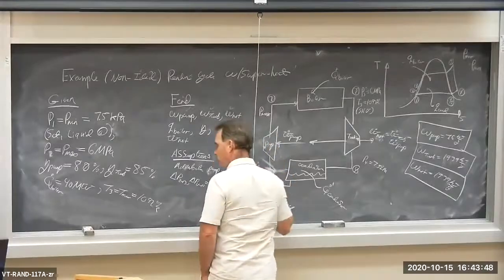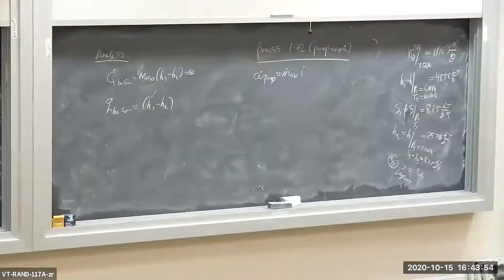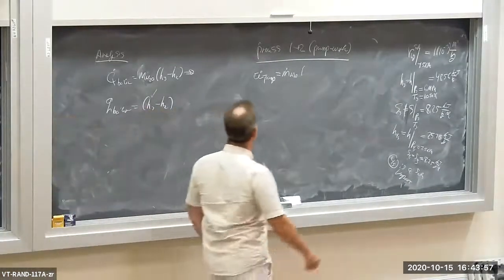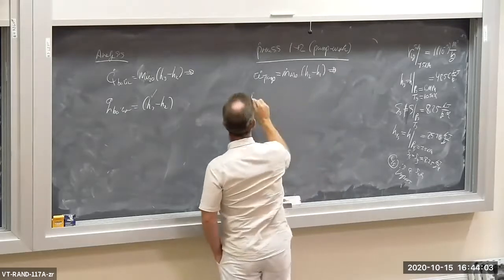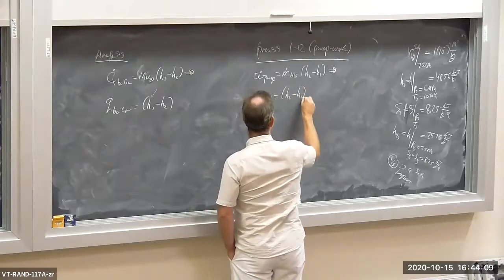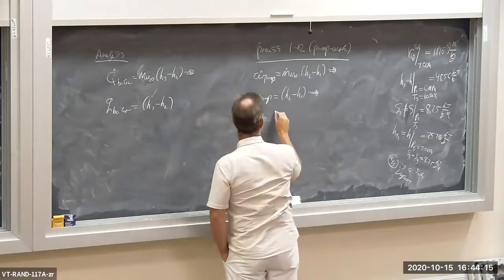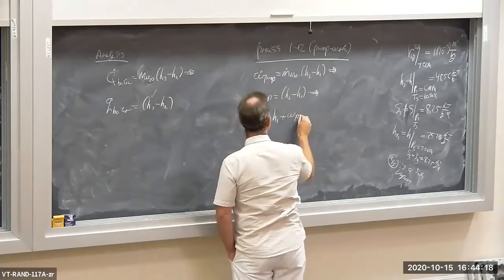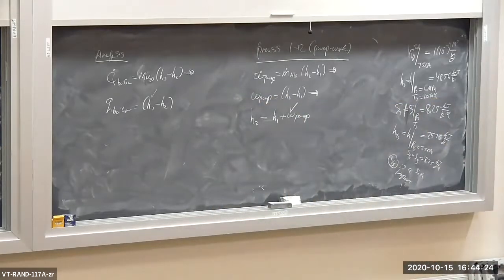Inlet's 1, outlet's 2, so H2 minus H1. In other words, W pump is equal to H2 minus H1, or H2, which is what we're looking for, is equal to H1 plus the specific pump work. I have the specific pump work we just calculated, 7 point something kilojoules per kilogram. I don't have H1, but I can look it up.